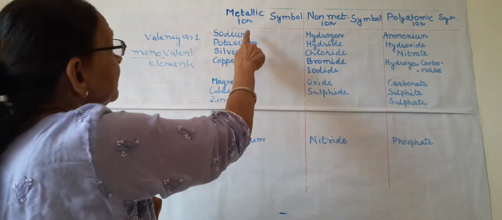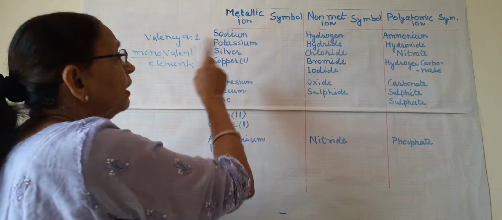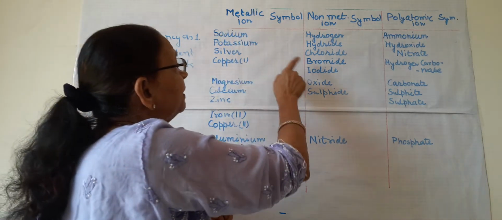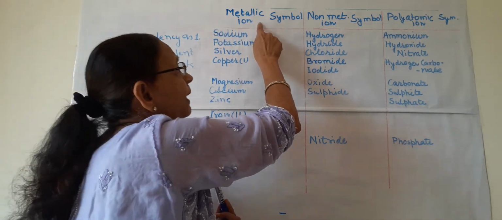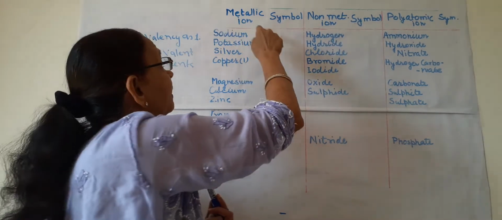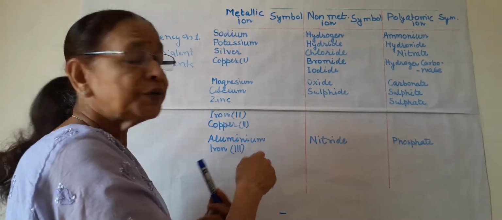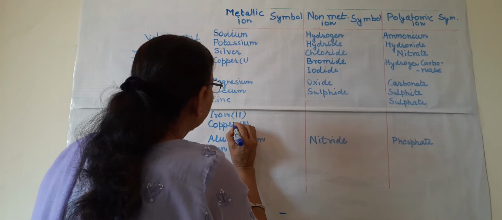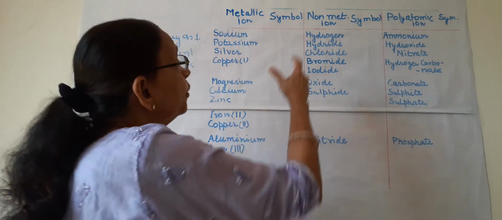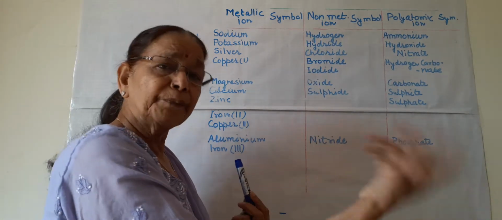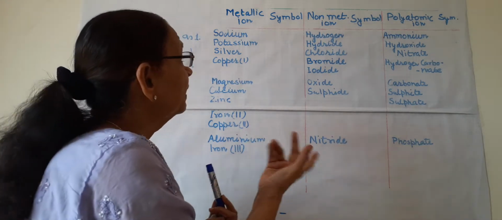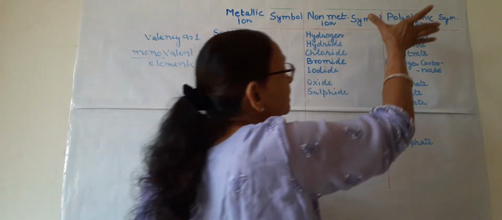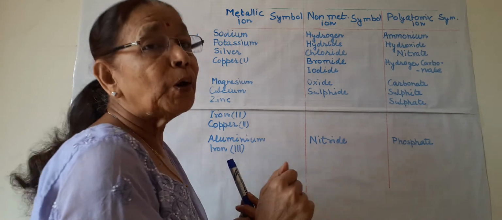So these elements can be divided into metallic and non-metallic. Here these are metallic ions, which are ions of metal, and these are non-metals. We will study metal and non-metal in the next chapter, and this is the third category, polyatomic.